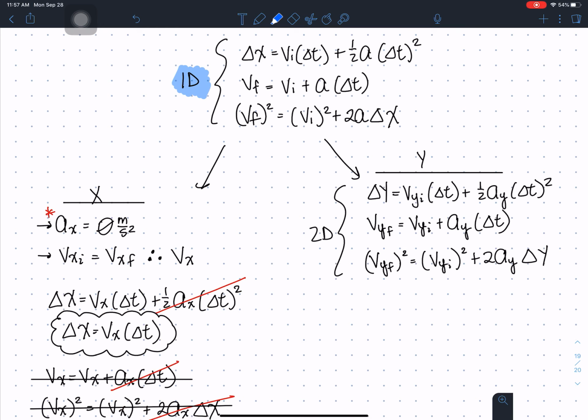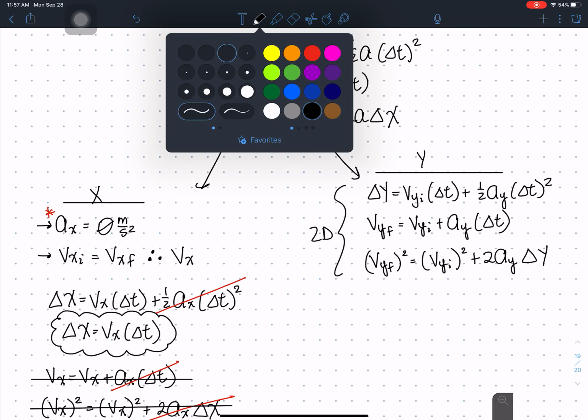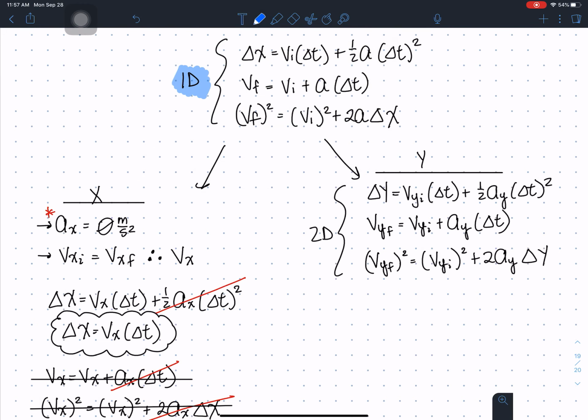For the y direction kinematic equations, or the vertical axis, let's take all of our one-dimensional equations and rewrite them using the variable y and using the subscript y to indicate that we're talking about the y-axis. So our first equation, delta x equals VIT plus 1/2 AT squared, becomes delta y equals Vyi, or velocity in the y direction initial, times delta t plus 1/2 acceleration in the y, or Ay, times delta t squared.